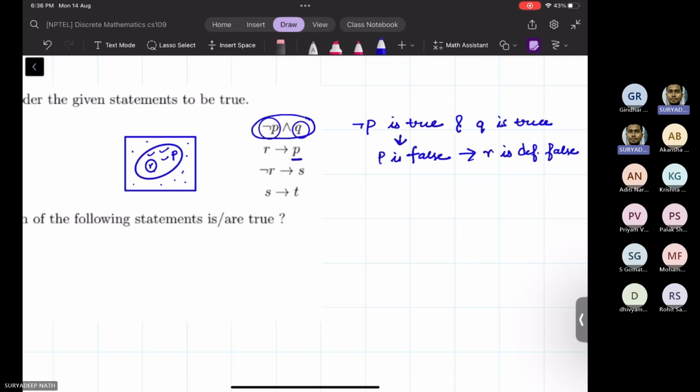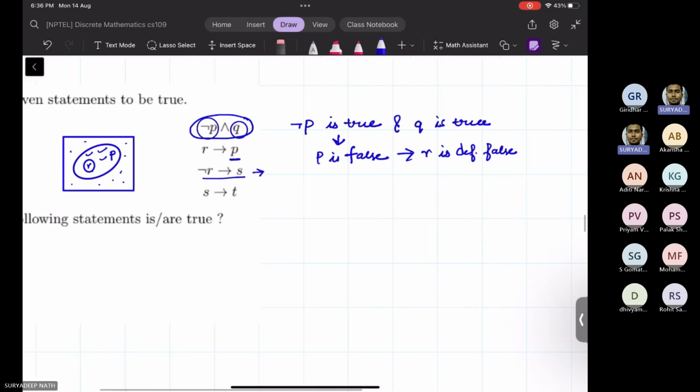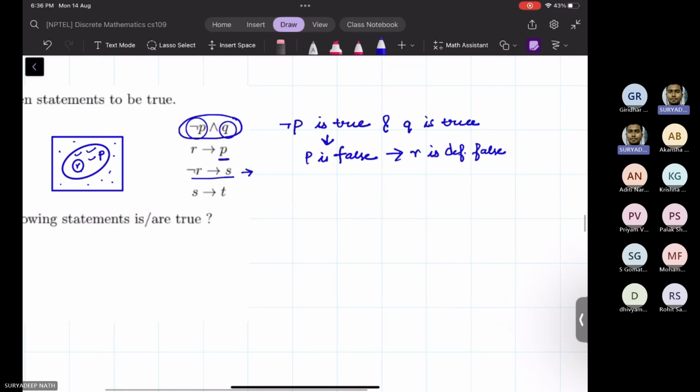Now come to the third statement. It says that if R is false, then S is true. We know from the two statements above that R is definitely false. Therefore, S is definitely true.